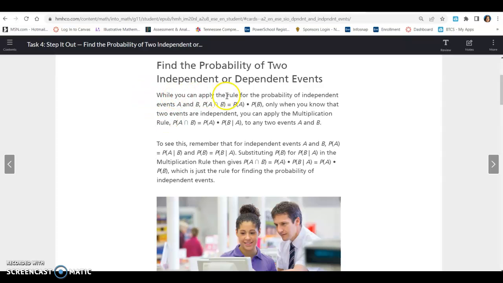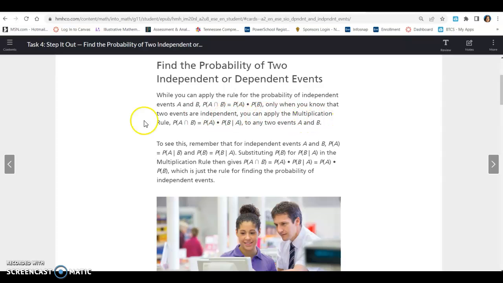It says, while you can apply the rule for the probability of independent events A and B, this is the rule, only when you know that two events are independent.